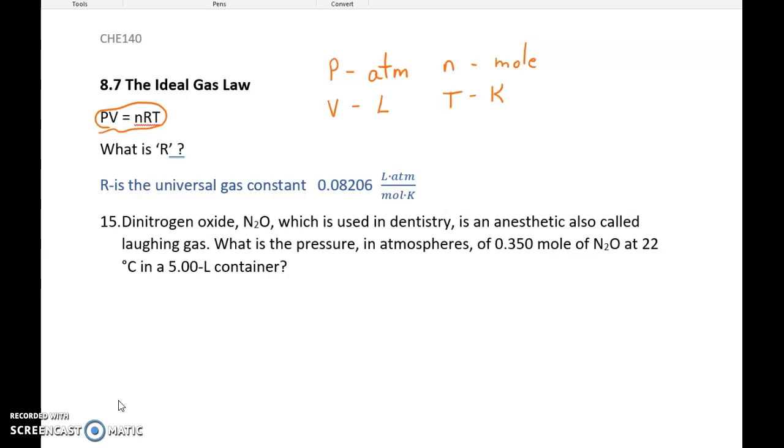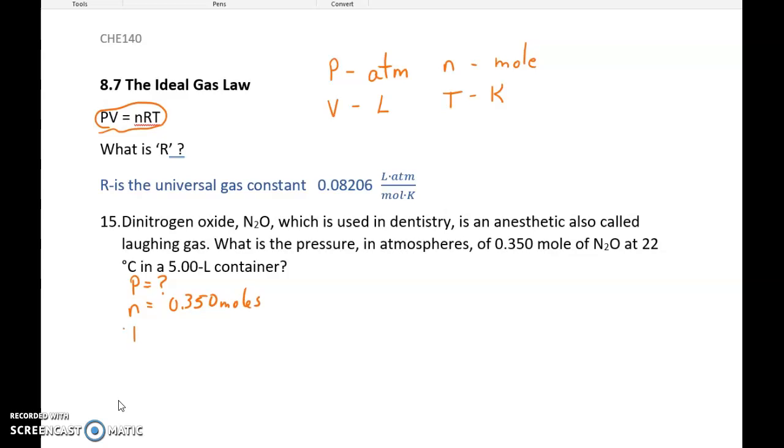It's not too difficult. We've got dinitrogen oxide, which is used in dentistry. It's an anesthetic. What pressure in atmospheres? So what we don't know is the pressure. Pressure is equal to, we're not sure. And we're told that we've got 0.350 moles.